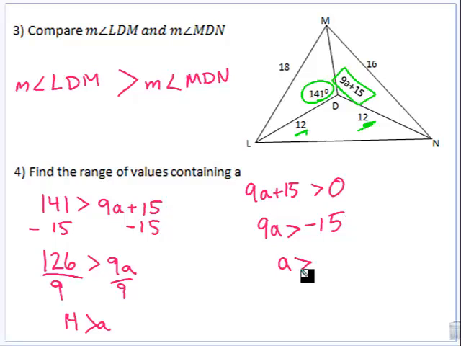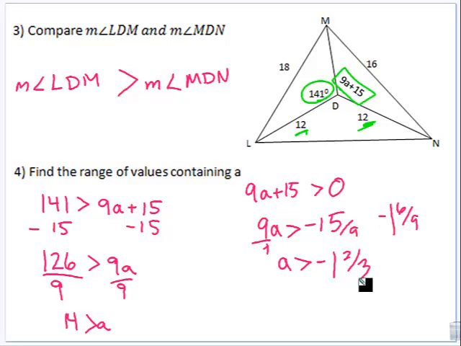Divide by 9, so A is greater than negative 1 and 6/9, which simplifies down to 2/3.